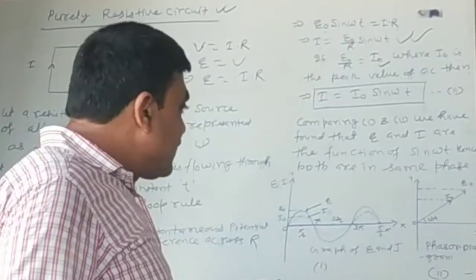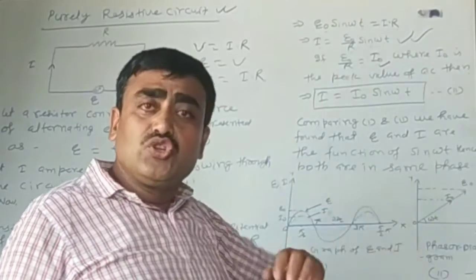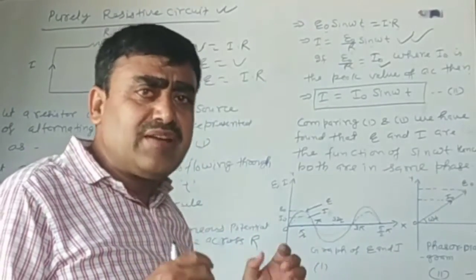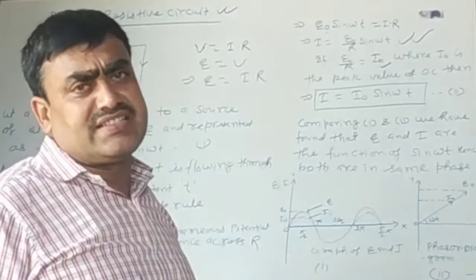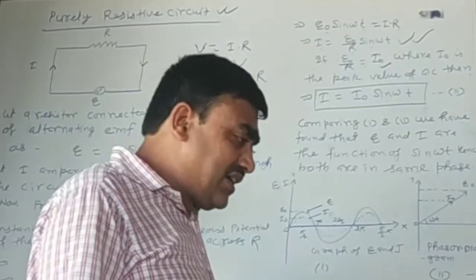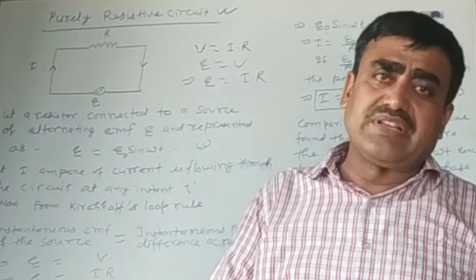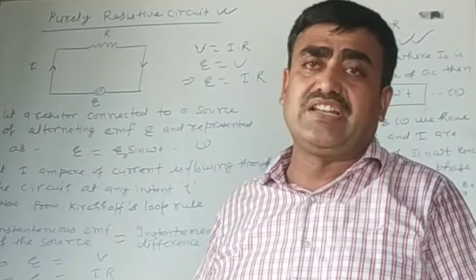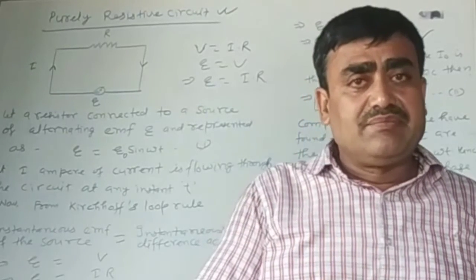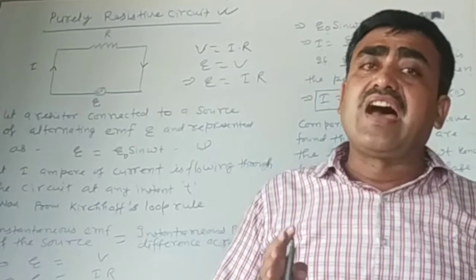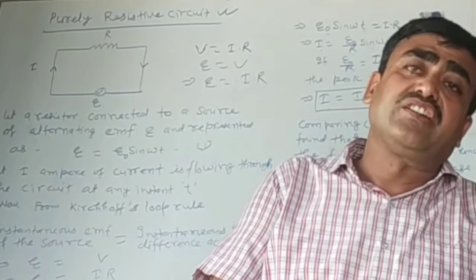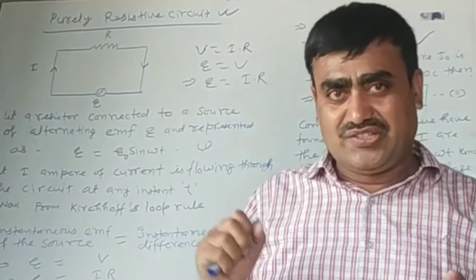This phasor diagram is suitable only for a purely resistive circuit, but in the case of a purely inductive circuit or purely capacitive circuit, the phasor diagram is different for each.